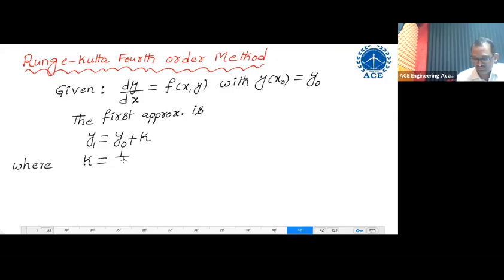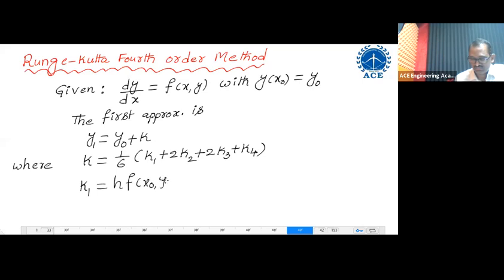Where k is equal to 1 by 6 into k1 plus 2k2 plus 2k3 plus k4. K2 is equal to h into f of x naught plus h by 2 comma y naught plus k1 by 2.